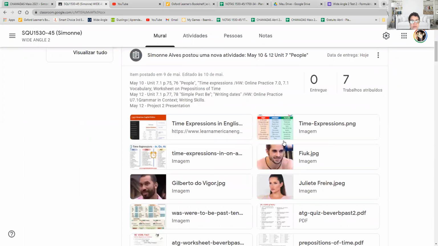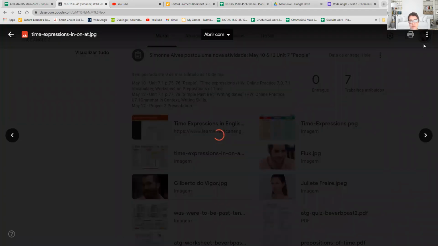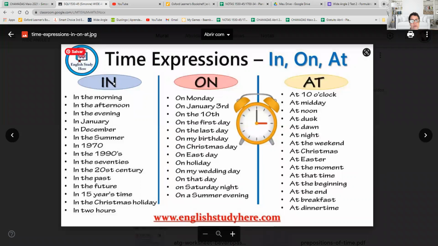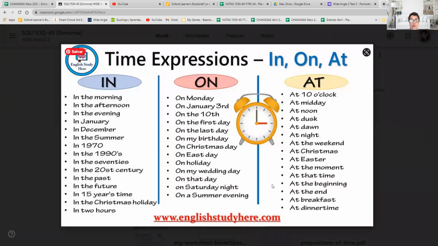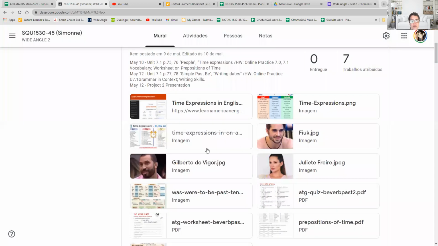So look, here we have a lot of examples to help you. Whenever we have a doubt, we're not so sure which preposition to use, we can refer to this table here. And then there is also another one I posted here.